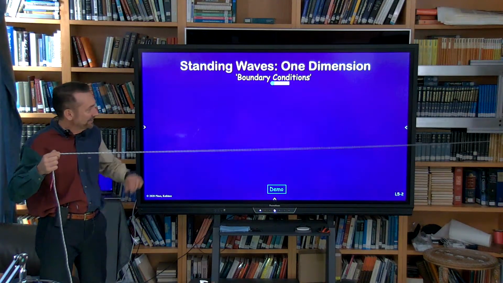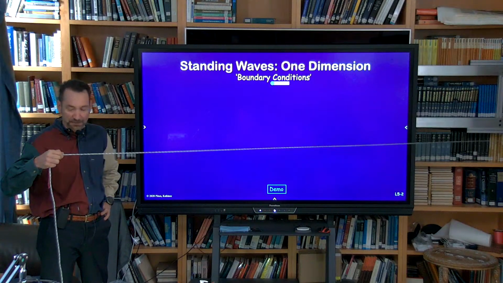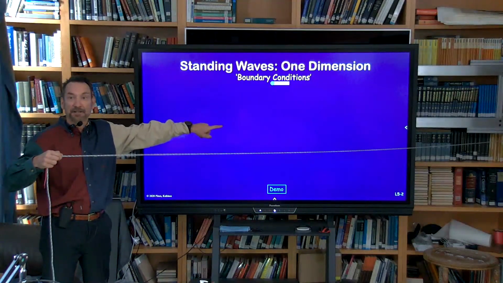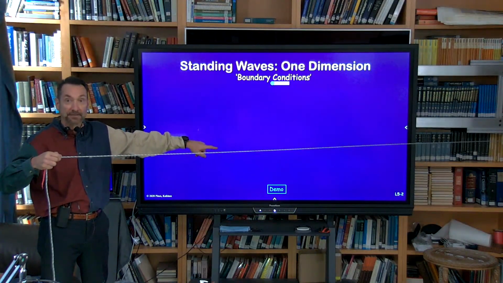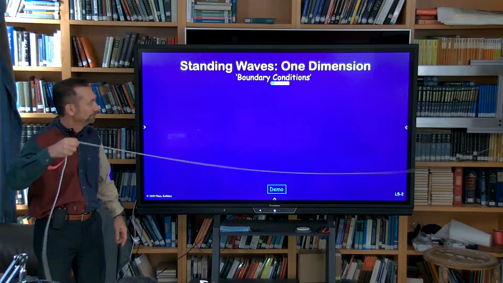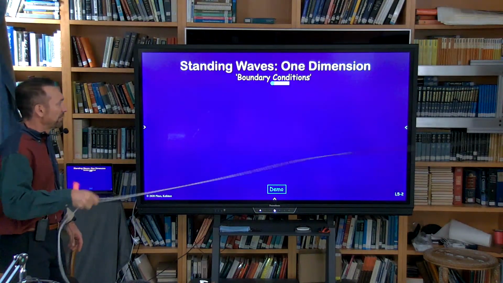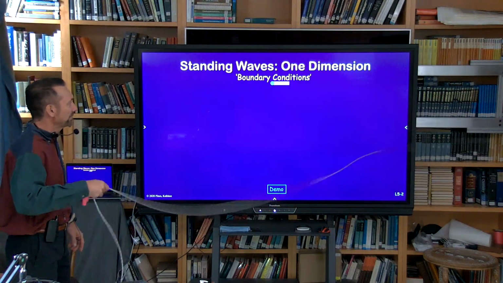So here's a string held tight. We were doing this with the blue cloth. You could send a wave traveling along it. It'll go from there to the end. But you can also do this thing where you could do jump rope. Let's just stop there.